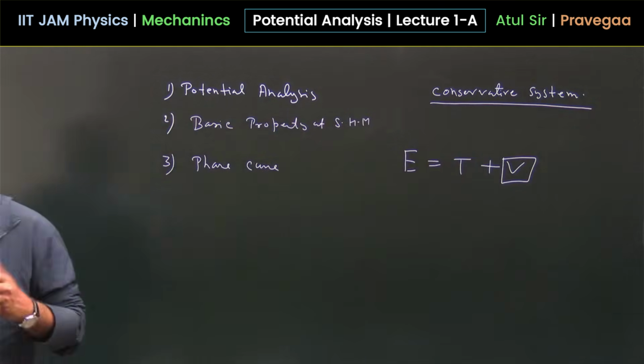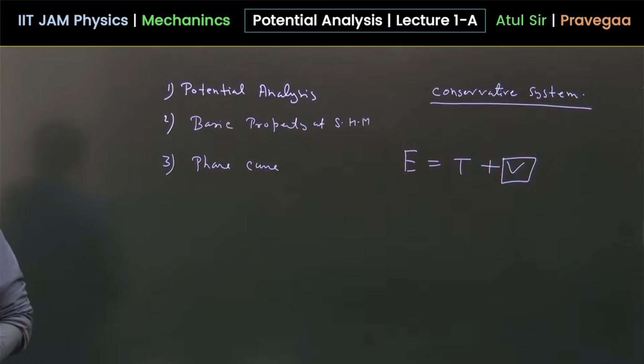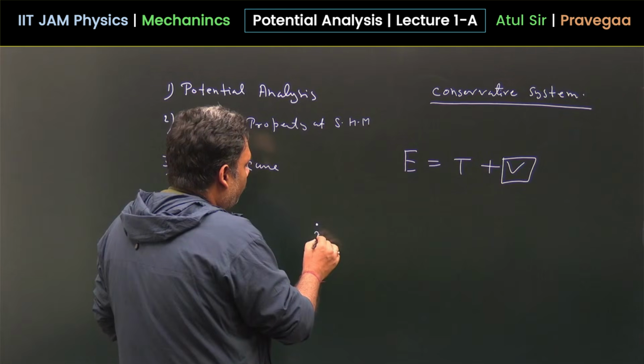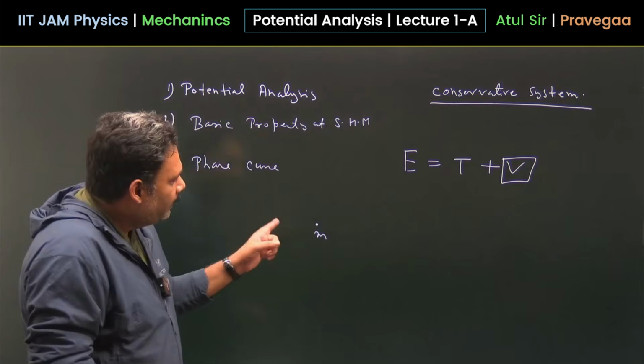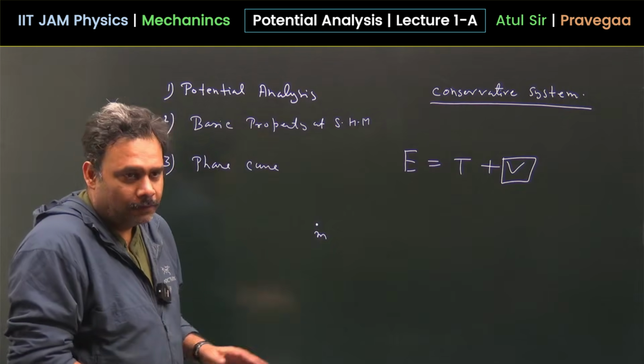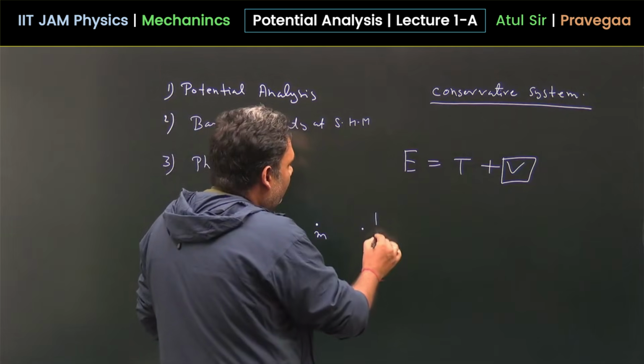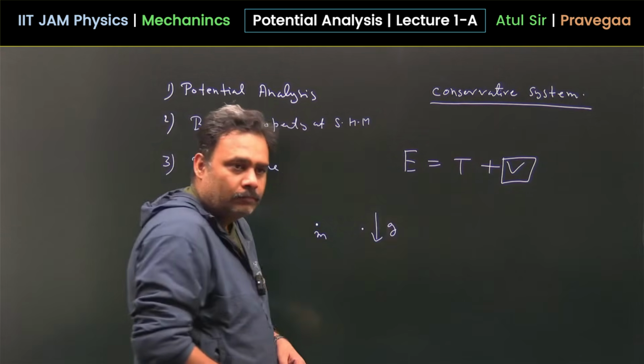So, and why are we doing the analysis of potential? This is also a big question. Now you can see we have a particle of mass m, and this particle is free, okay? And another particle, the same particle is in a gravitational field.